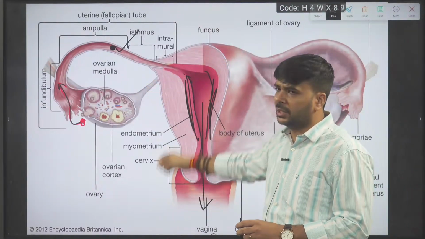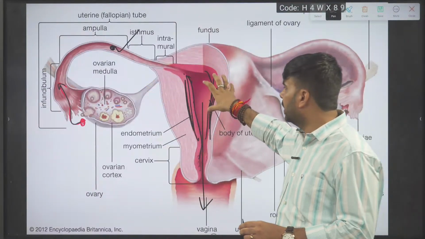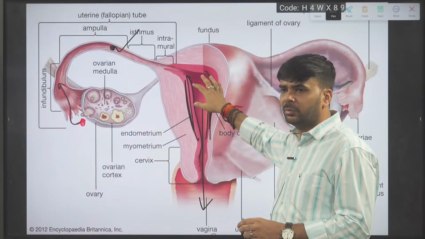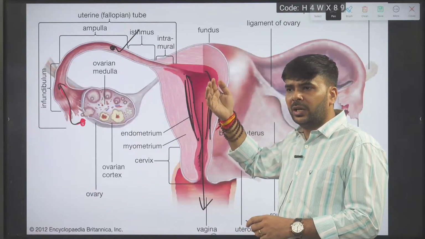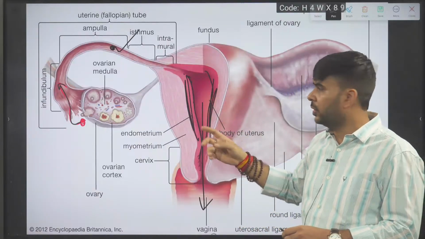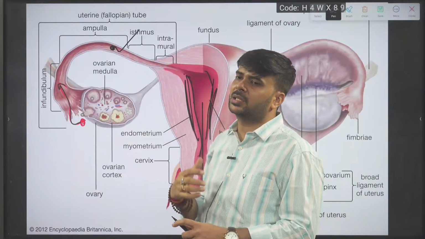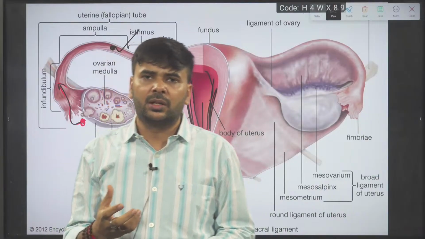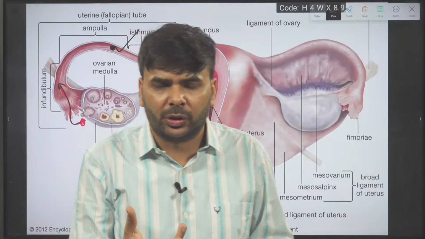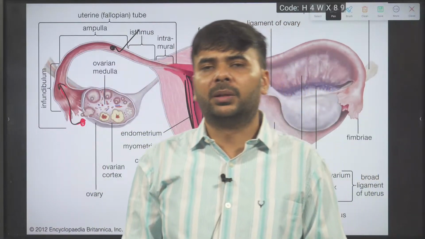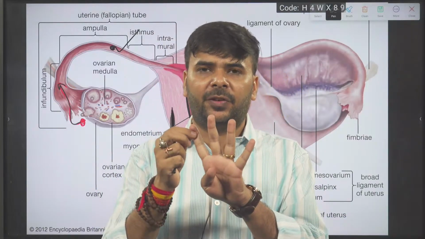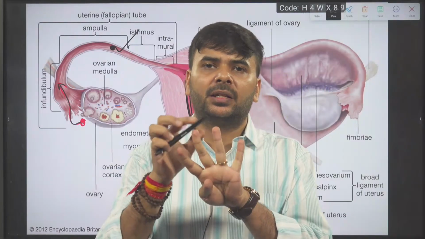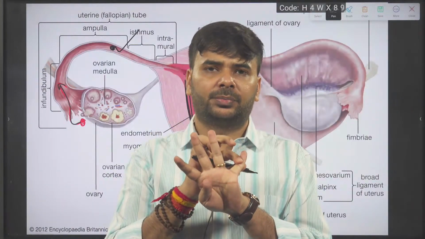So I'll summarize here. If the uterine cycle is going on, the uterus is growing and shedding off. In the ovary, follicles are growing, meaning the egg, the female gamete, is growing, and all of it is controlled mainly by four hormones: FSH, LH, estrogen, and progesterone.